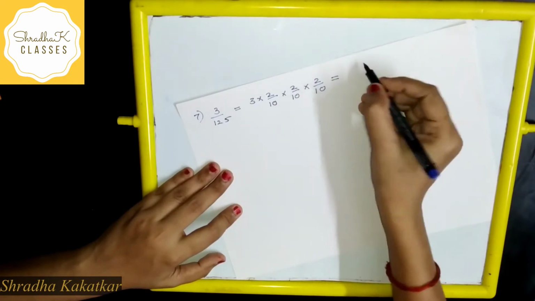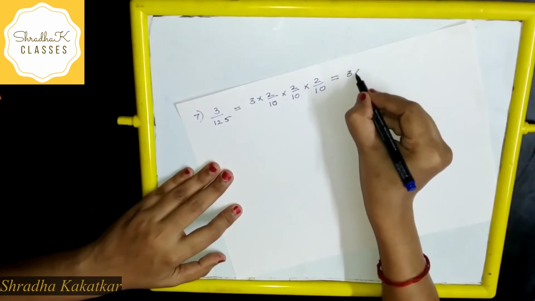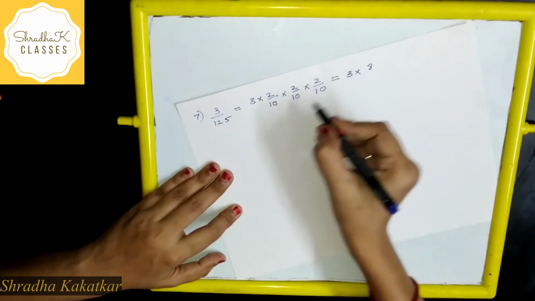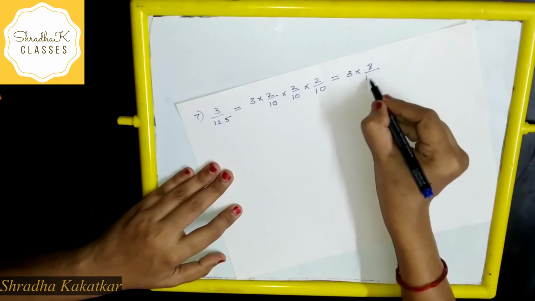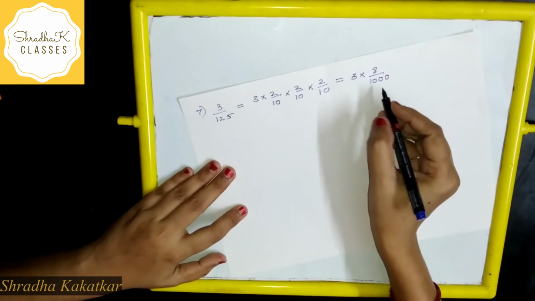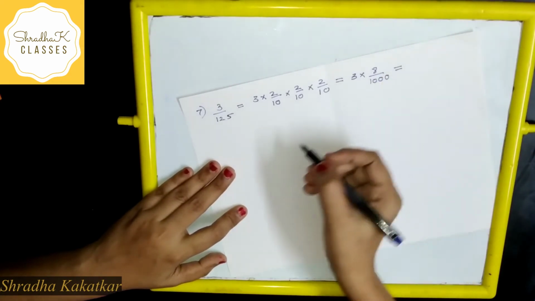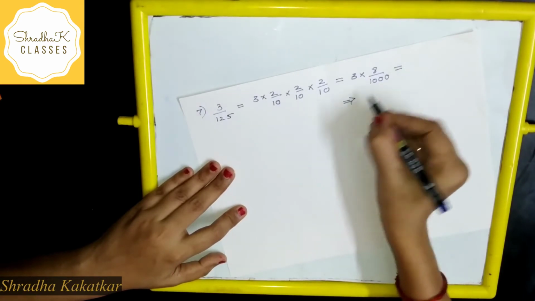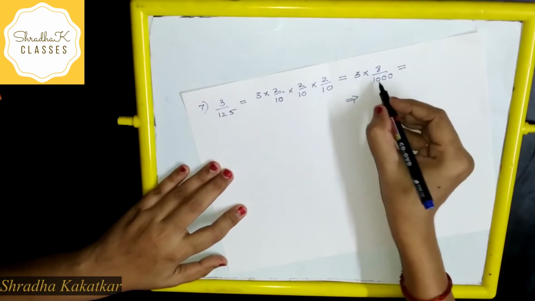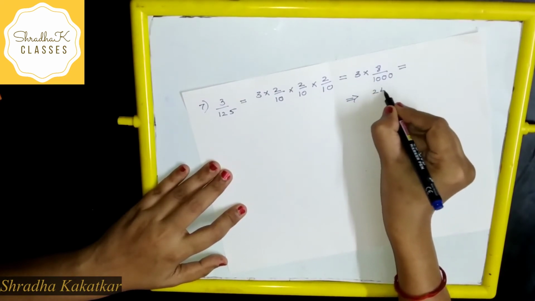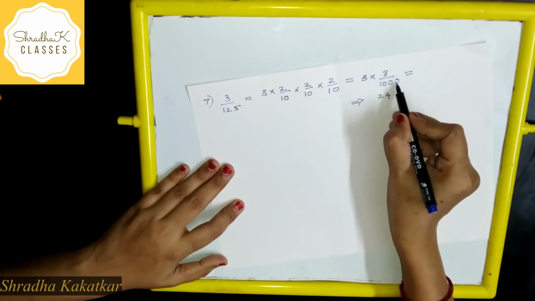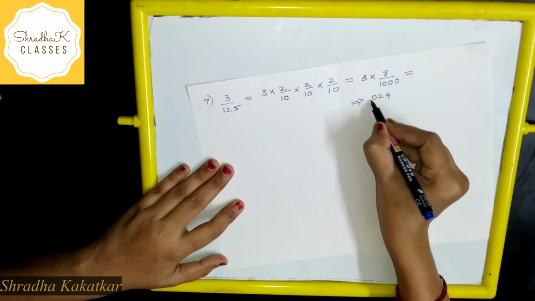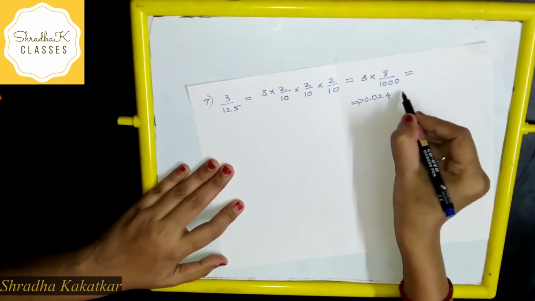Now we can write this as 2 into 2 into 2 is 8, and 10 into 10 into 10 is 1000. So the answer is 24. Now how many zeros? 1, 2, 3, so the decimal point goes after 3 digits. This is your answer.